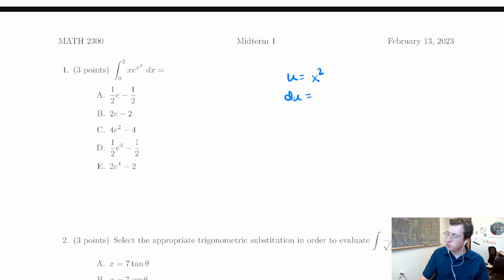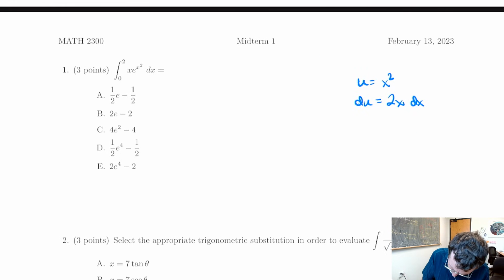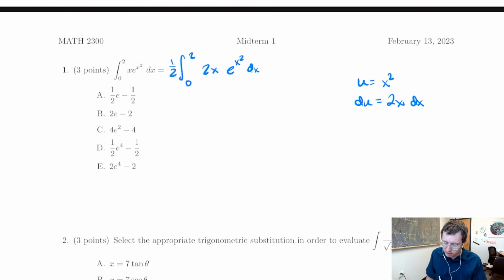So I'm going to set u equal to x squared, and then du is 2x dx. And again, I don't actually have 2x, but that's fine. I can throw a 2 in there as long as I also put in a 1/2 to cancel out the 2.